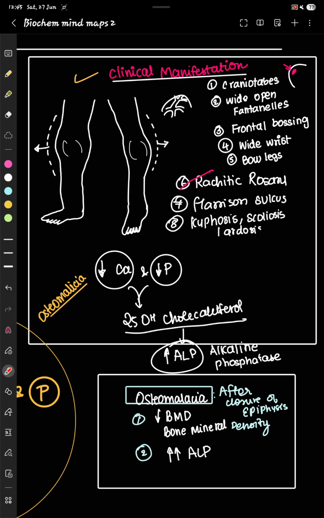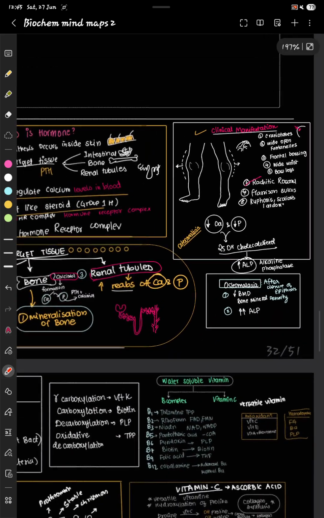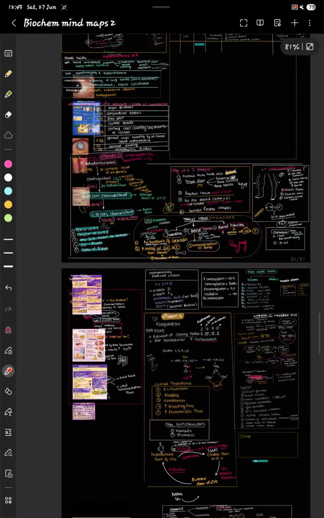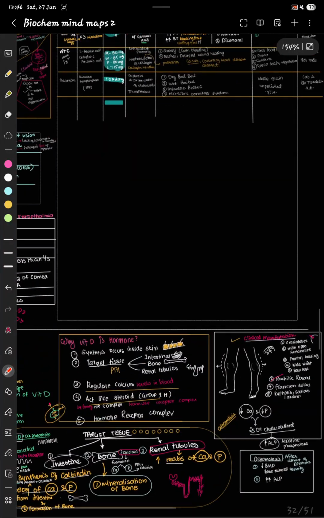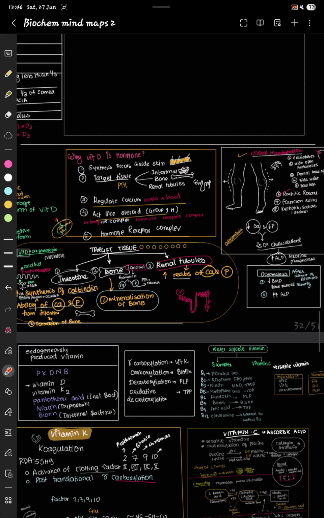The weight bearing bones cannot handle this pressure, right? So there is bowing of legs. And there is rachitic rosary, Harrison sulcus, kyphosis, scoliosis or lordosis, and these are the clinical manifestations of vitamin D deficiency.